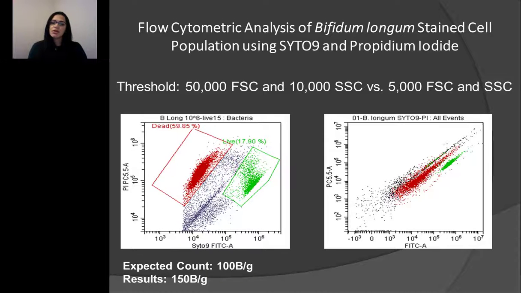The data is not shown here, but those were the trials that were performed in the lab to get to this point and were able to provide this cleaner data, or the separation of two populations.